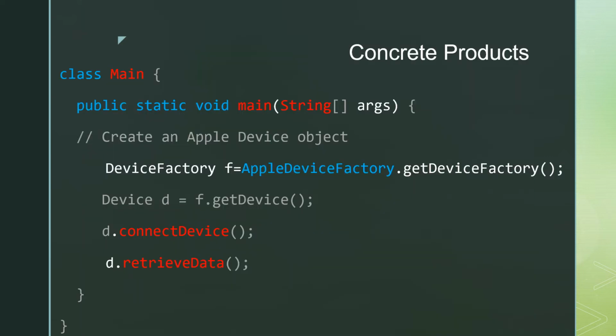Here we have our main class, and in this we have the Apple device factory get device factory, and we can use this to call as many Apple devices and to get the devices as we want. And with those, we'll also have the methods of connect device and retrieve data, which are specified in our abstract factory interface.